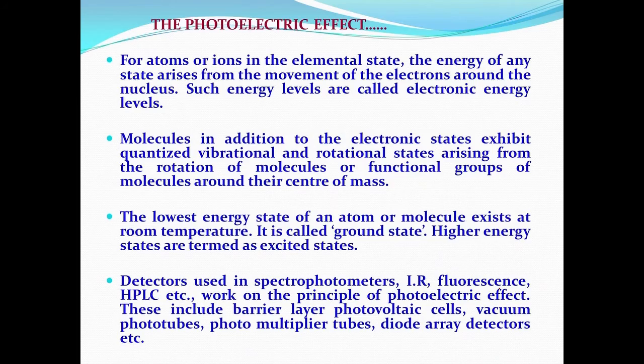So, what we are essentially saying is, take matter, allow electromagnetic radiation to interact, measure the electromagnetic radiation. Take out the matter, see what is the original condition. What is the difference? The difference is the amount of current that is generated whenever we are making measurements, and that is done by the photomultiplier tube, diode array tubes, vacuum tubes, phototubes, barrier layer photovoltaic cells, etc.